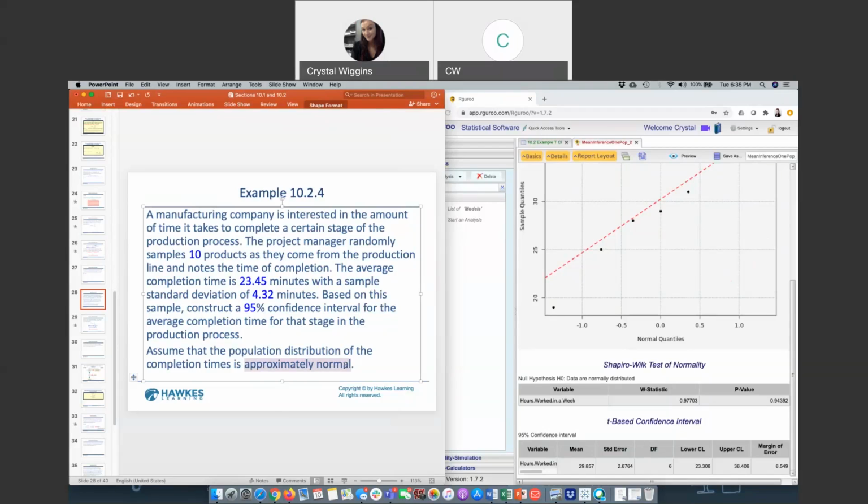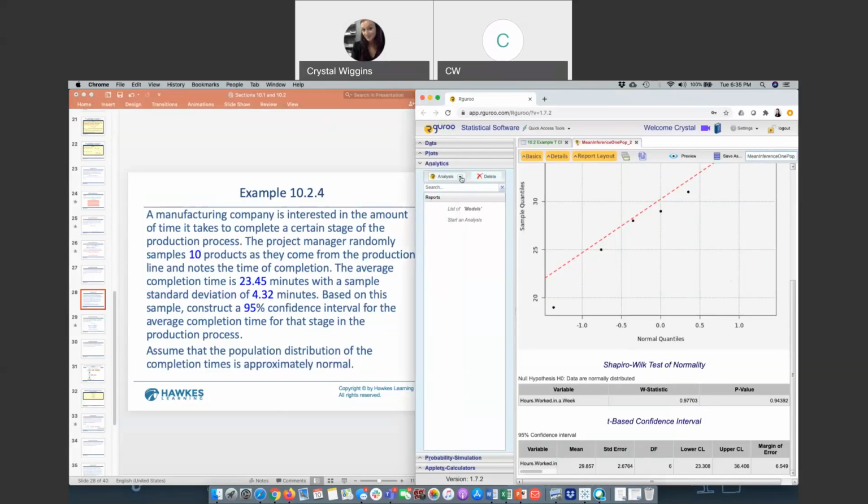So here we have approximately normal. We have a really small sample size, and we are only given the sample standard deviation. So with all of these pieces, we can conclude we need a t-distribution in order to solve this problem. So I'm going to come over here to my analysis, my mean inference one population screen.